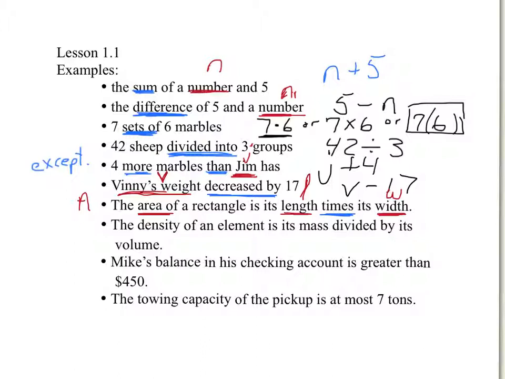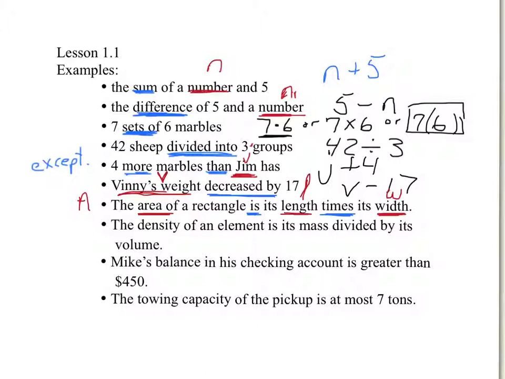And there's also something here that makes this a sentence and not an expression. You can see it's a dot, so it's a sentence. But there's a key word right here, which means that this is going to be an equation. It has an equal: "is." The area is the length times the width.